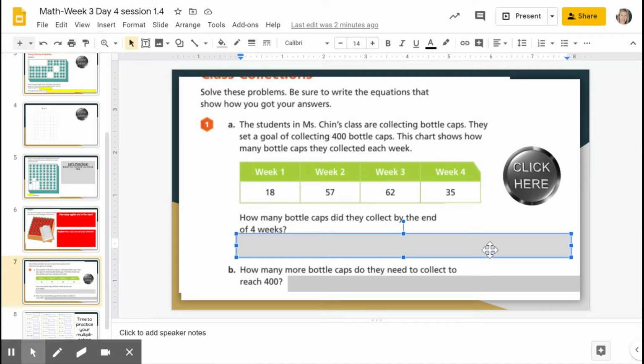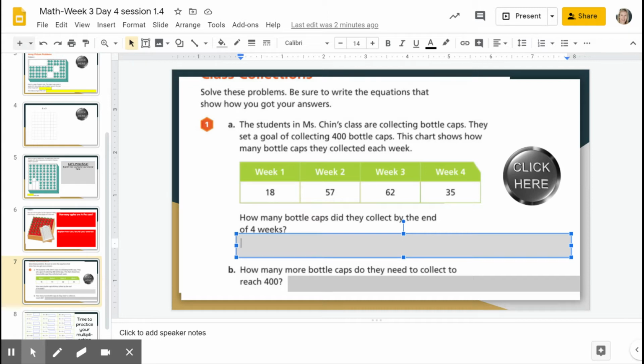Now, you could have many different strategies to add all 4 numbers. So you're going to need to think back to your 3rd grade year and all the different ways you were able to add 2-digit numbers. You have 4 of them to add. So one method you might do is to add by place values.